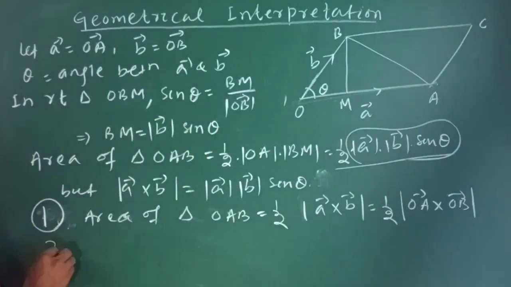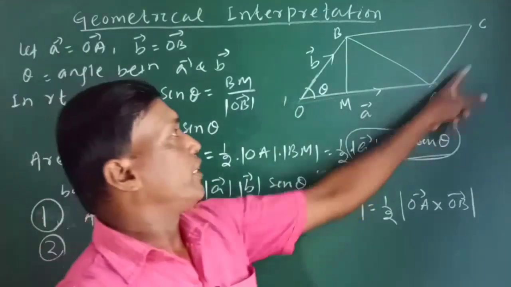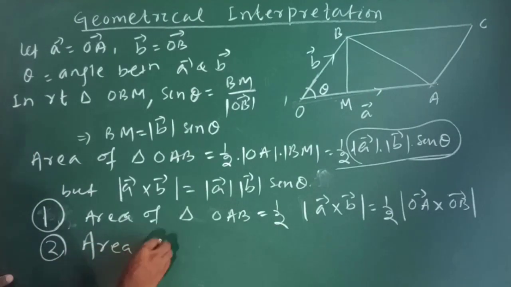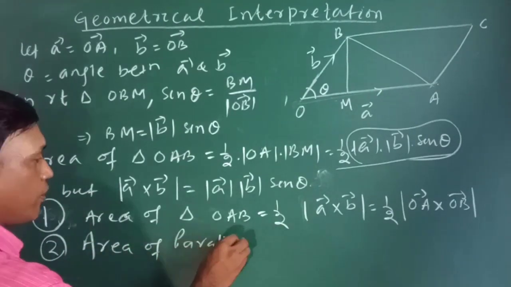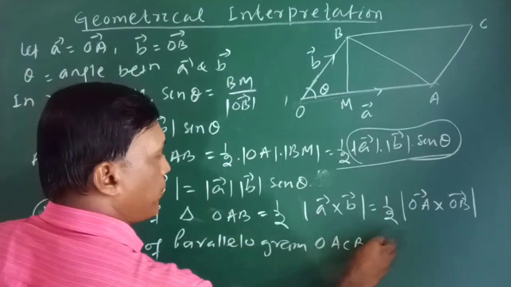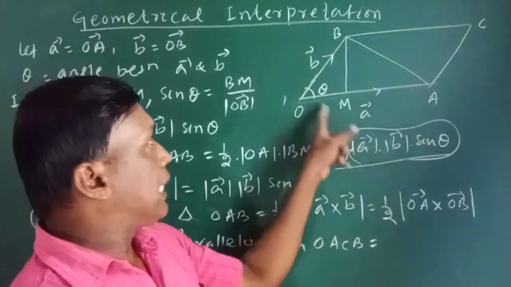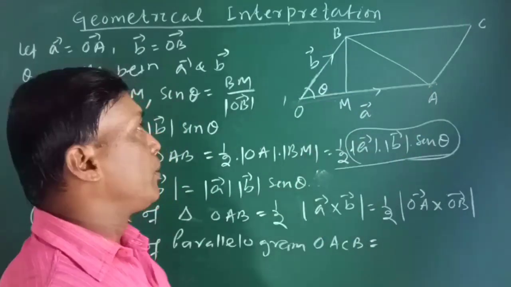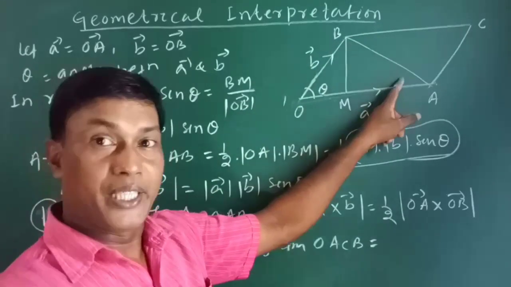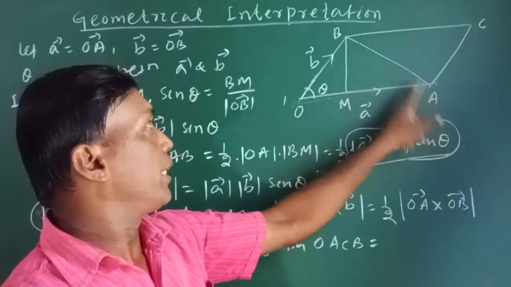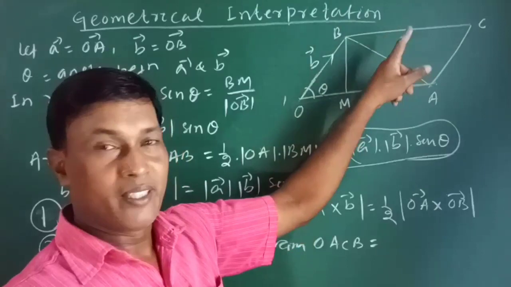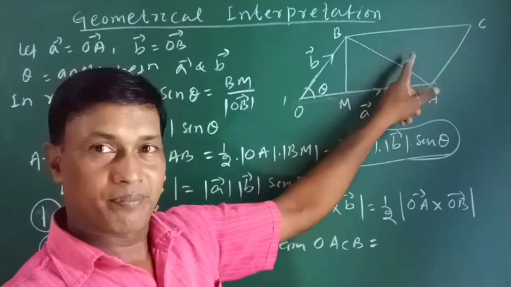Second is the area of the parallelogram OACB. Look here, the area of this parallelogram is twice the area of the triangle, because triangle OAB plus triangle ACB is the parallelogram and the two triangles are equal.